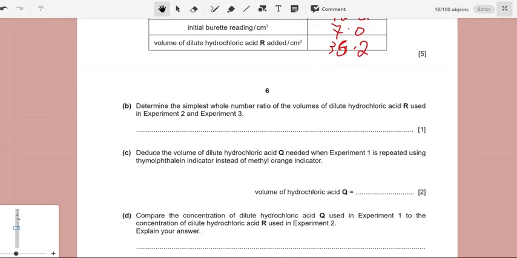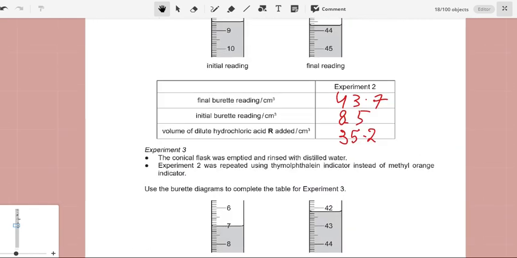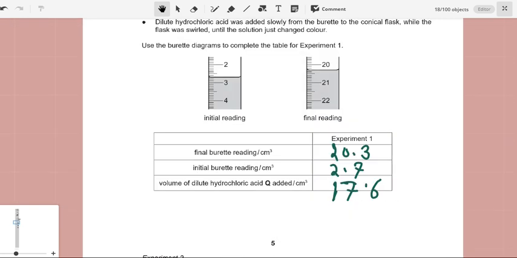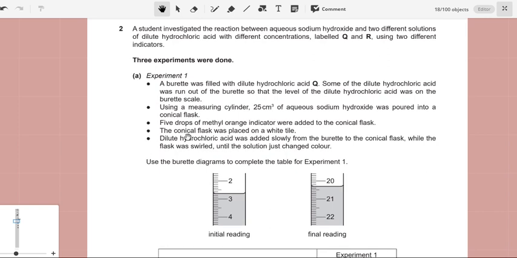Now part B: determine the simplest whole number ratio of the volume of dilute HCl used in the experiments. You can see here HCl and NaOH.